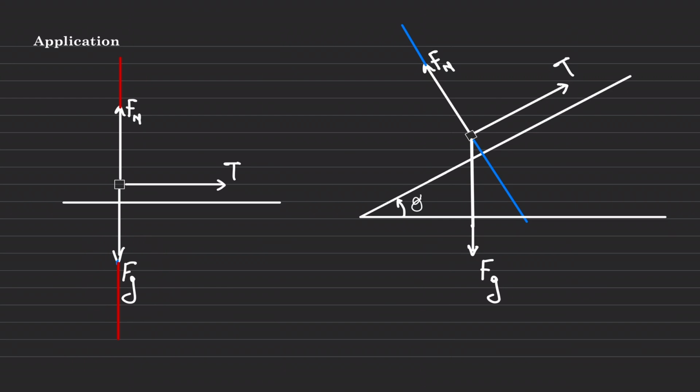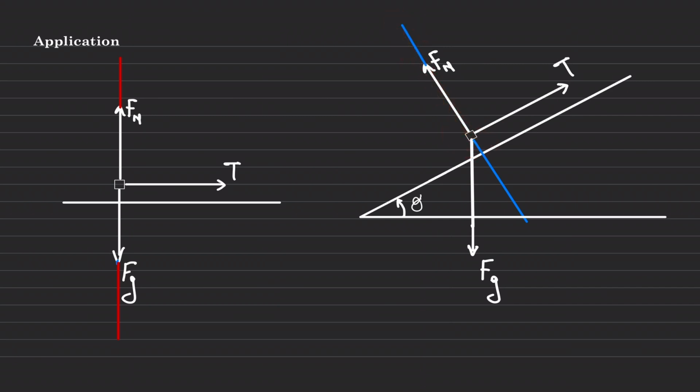Now, let's consider the situation when we're on an inclined surface. On an inclined surface, notice our normal force is no longer in line with the gravitational force because the surface is no longer horizontal. Our surface is tilted, which means the force of support is perpendicular to that surface, so that's our normal force.